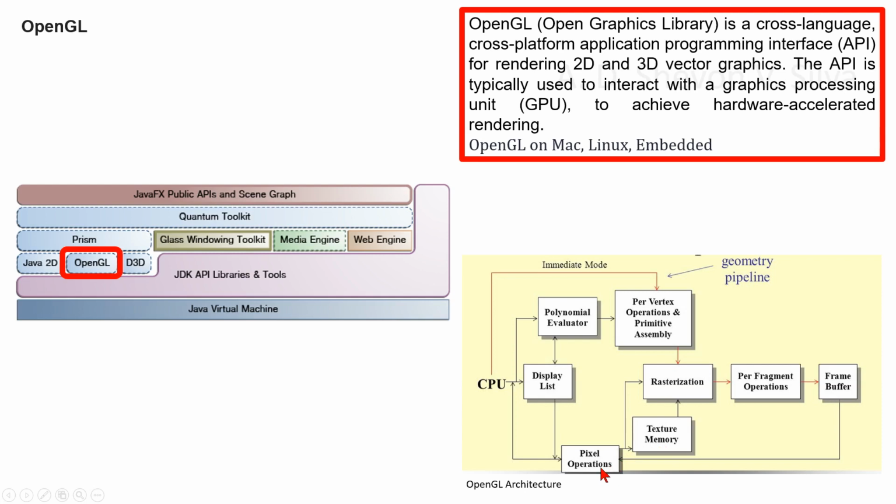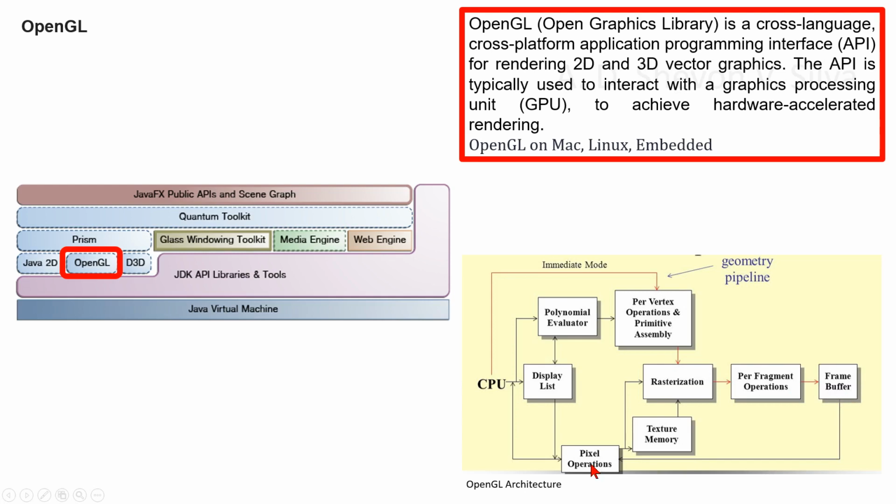Pixel operations are going through this path also, and pixel operations are connected to rasterization, and texture memory is connected to rasterization. Rasterization is connected to per fragment operations. Per fragment operations are connected to frame buffer. Frame buffer is connected to pixel operations.